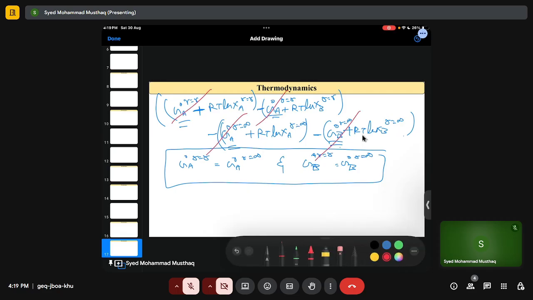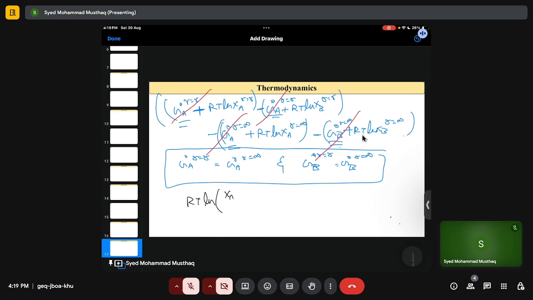What I am left with is RT ln XA at R equals R upon XA at R equals infinite minus RT ln XB at R equals R upon infinite.